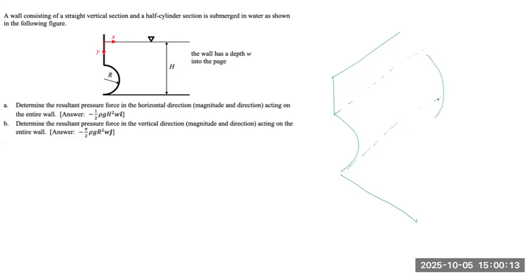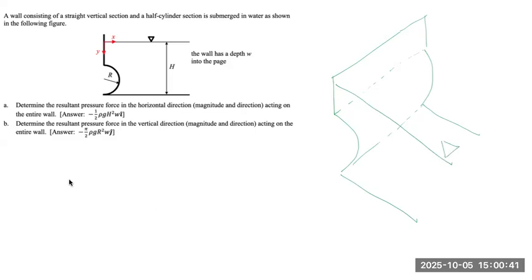And this wall has a cylindrical section as such, and a wall. And the water is filled up to a level of such, and the triangle over here represents the free surface.